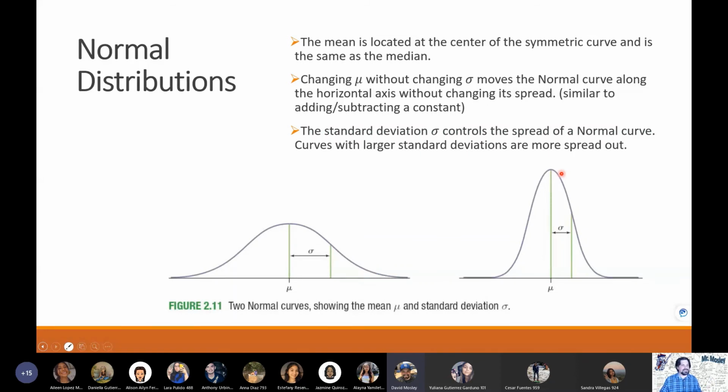The area would be too large. So if it is more spread out, it's shorter. Less spread out, taller. And that's the only options. We can't have a super tall, super spread out distribution. It won't work out.